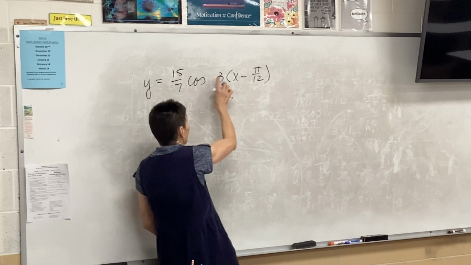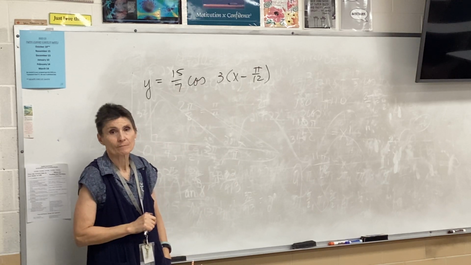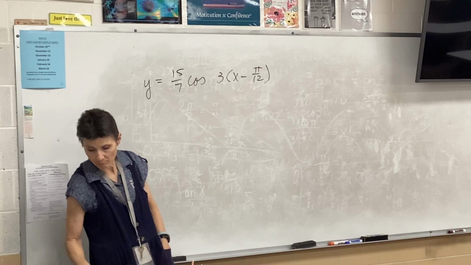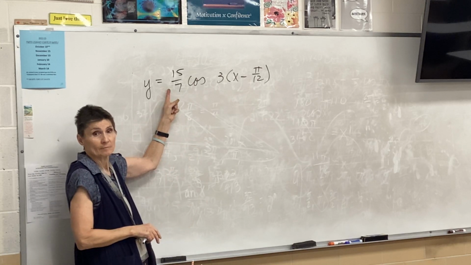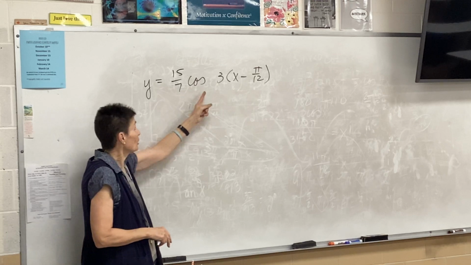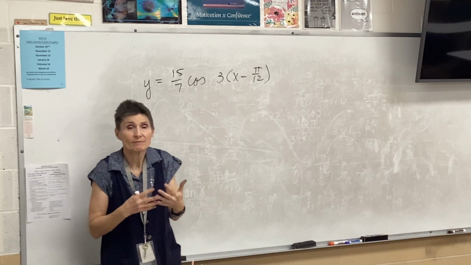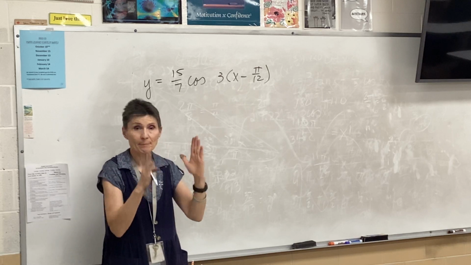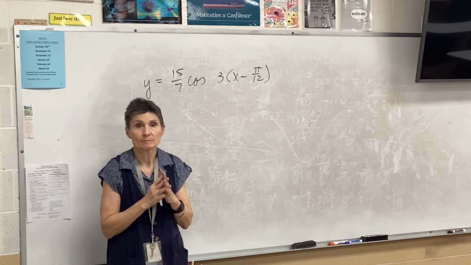So you're allowed, in a cosine problem, to erase it. If this were a sine problem, it would come out in front. But if it's a cosine problem, that negative has no impact. Cosine is an even function. Same thing happens on both sides of the y-axis. So the negative's irrelevant. Erase it.